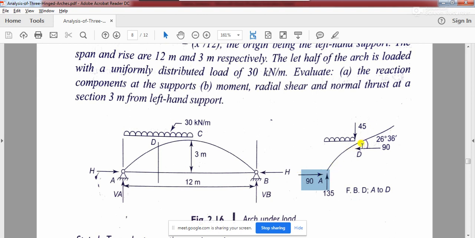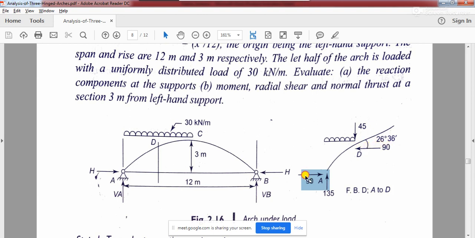Obviously at this point, as there are no other horizontal forces acting, in the free body diagram you will get another opposite directional horizontal force of 90.